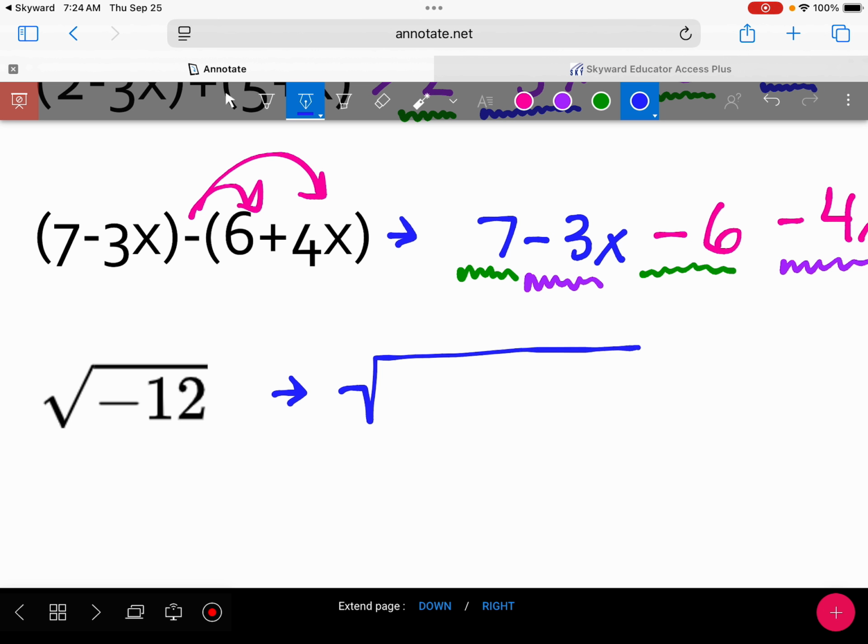Yesterday we did these a lot by dividing them up into pieces. What pieces should we break 12 up into? Or sorry, negative 12.